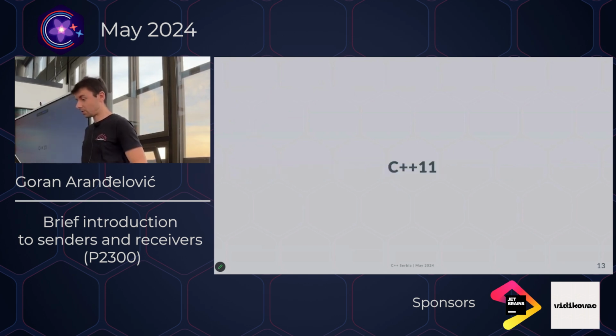Okay, so let's go just a little bit back, 13 years back to C++11. Why? Because this was maybe one of the most important C++ standards that brought up various things, not only regarding multi-threading support in C++, but also in general.